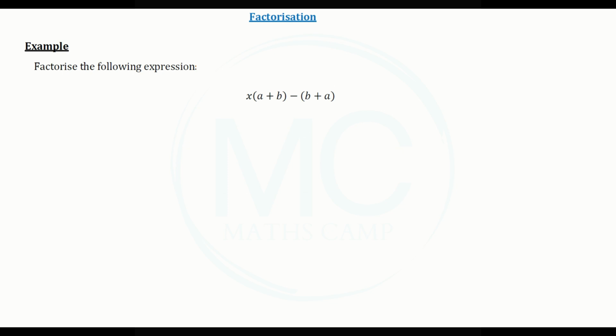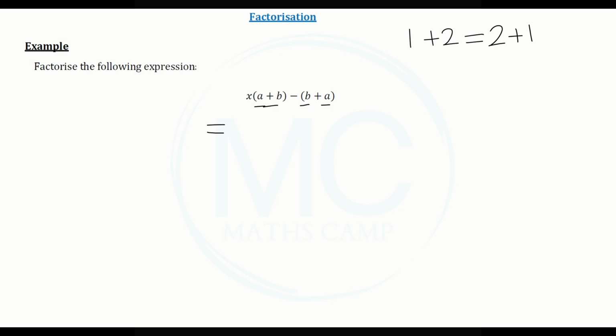x, open bracket, a plus b, minus the bracket of b plus a. Now, from previous years, we know that 1 plus 2 is equal to 2 plus 1. The order of the values does not matter. So we have a plus b and we have a plus b.